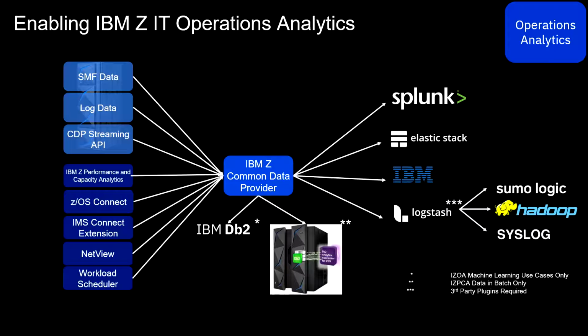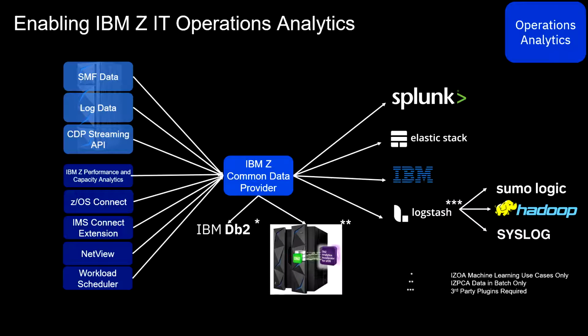Operational data sources include z/OS Connect SMF records, IMS Connect extensions records, NetView Netlog, and IBM Workload Scheduler logs. Additionally, CDP is the preferred mechanism for streaming the performance and capacity planning information produced by IBM Z Performance Capacity Analytics.